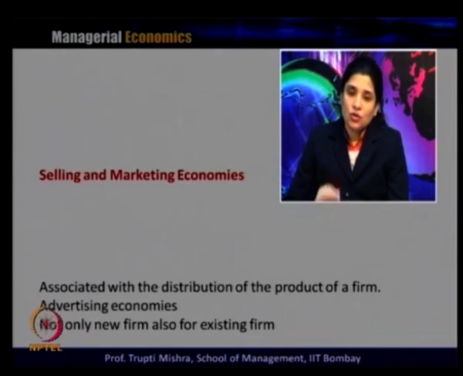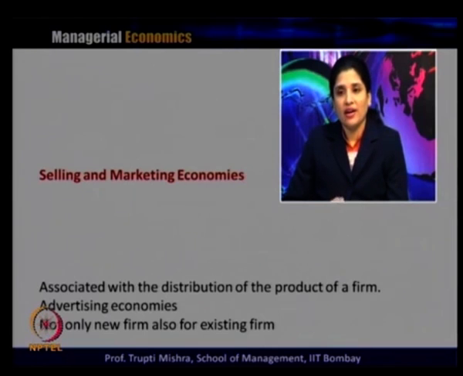So, the second case of economies of scale under real economies of scale is selling and marketing economy. Selling and marketing economy is generally associated with the distribution of the product of a firm. It comes from the advertising economies of scale, not only for a new firm, but also for an existing firm.